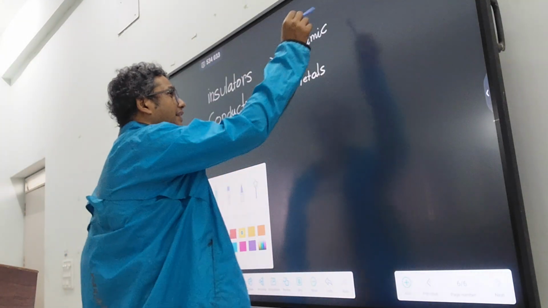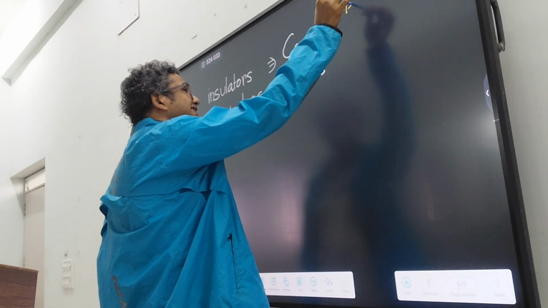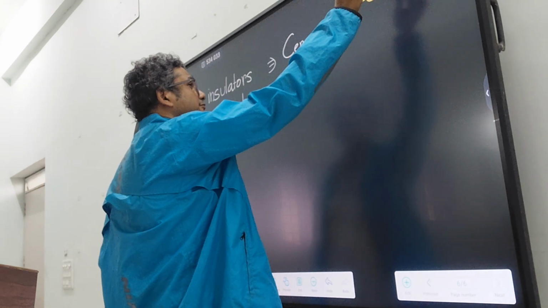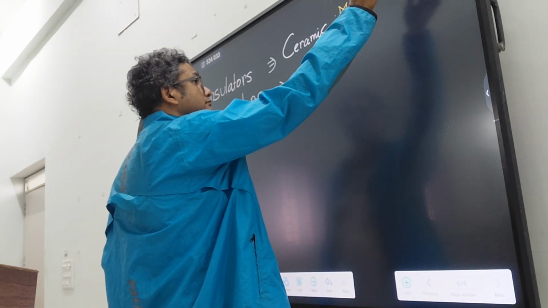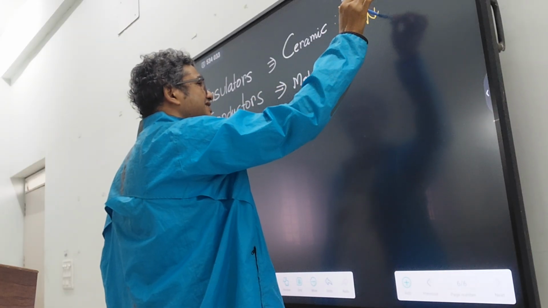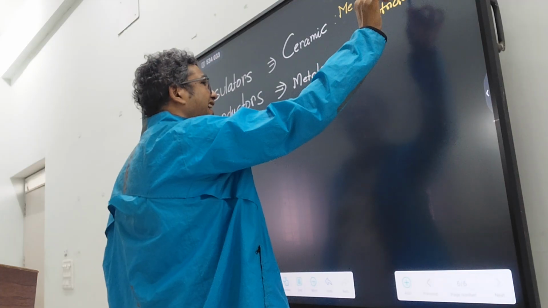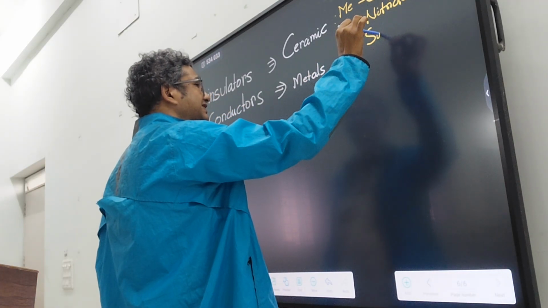So there will be a metallic part, and it can be oxides, nitrides, sulfides.